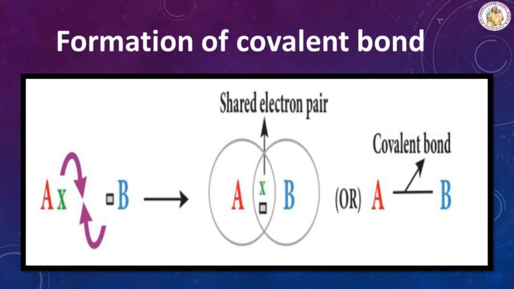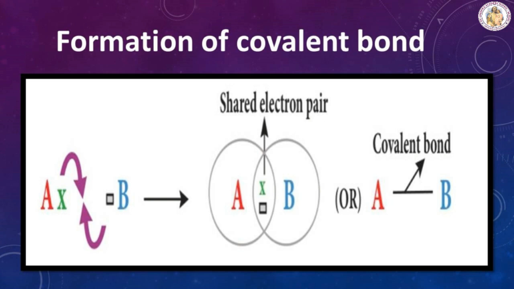Now come to the formation of a covalent bond. Let us consider two atoms A and B. Atom A has 1 valency electron and atom B has 7 valency electrons. As these atoms approach nearer to each other, each atom contributes, meaning sharing, one electron, and the resulting electron pair fills the outer shell of both the atoms. Thus, both the atoms acquire a completely filled valency shell electronic configuration, which leads to stability.